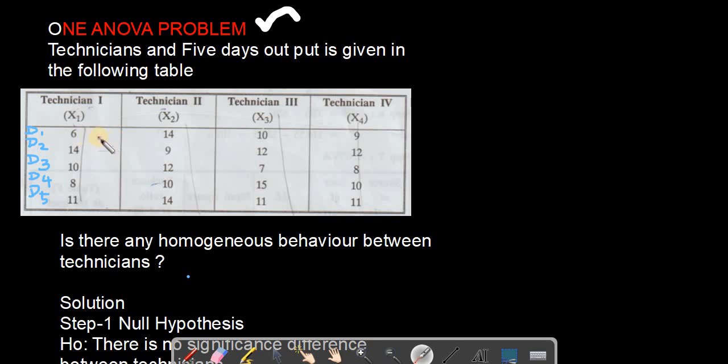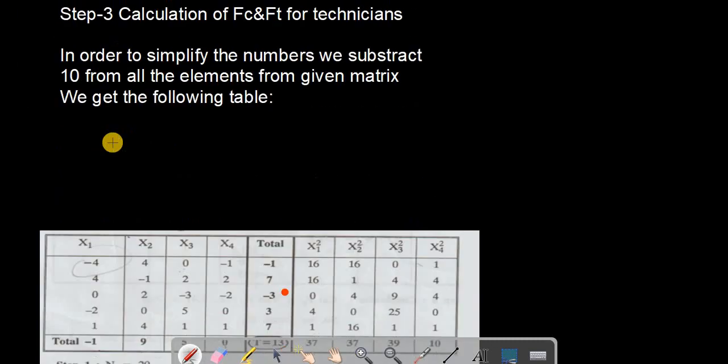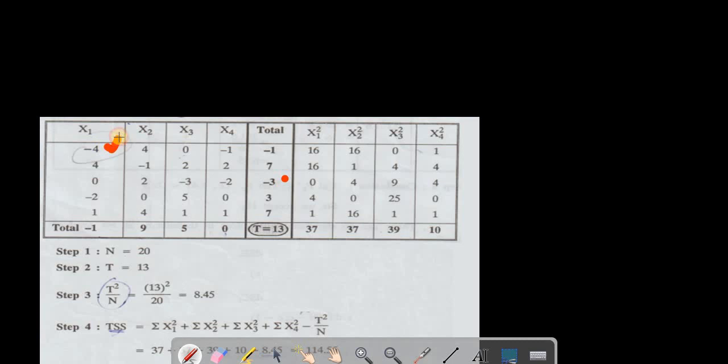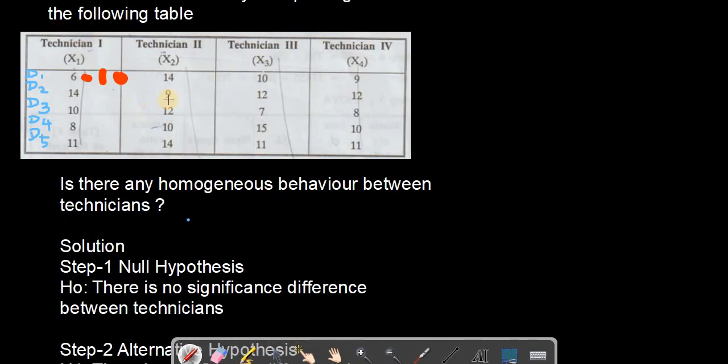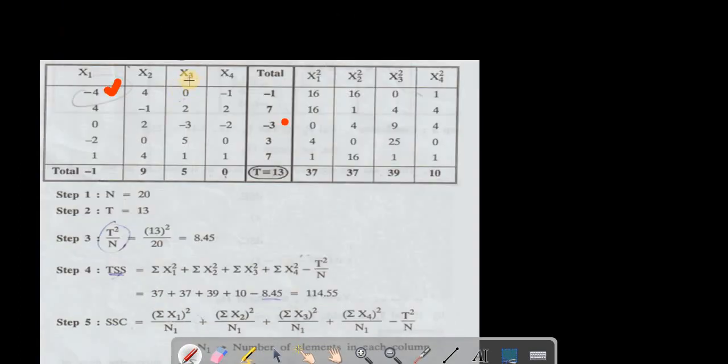So what I will get now is, here, 6 minus 10 is minus 4. That's what I have here. Similarly, 14 minus 10, what I will get is 4, and that's what I am getting here.